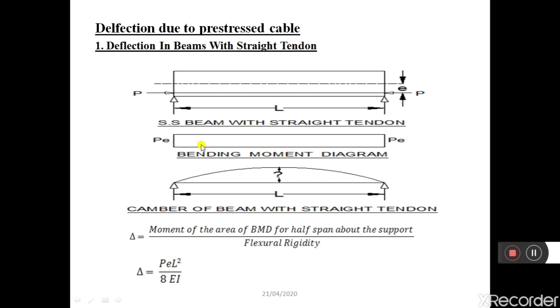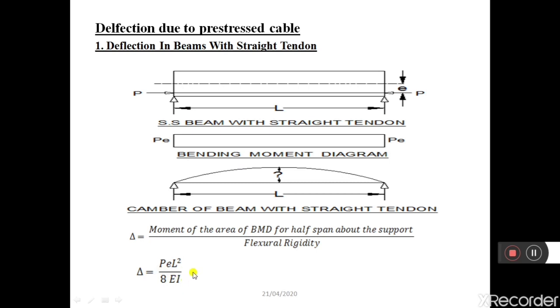Then what will be the moment of area? The moment arm will be L by 2 into 1 by 2, that will be L by 4. Therefore delta is equal to PE into L by 2 into L by 4 divided by the flexural rigidity EI.